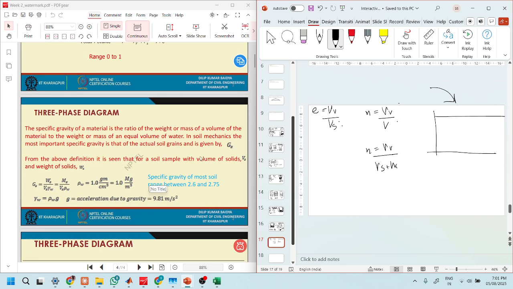So the phase diagram, the specific gravity we talked about, it is the ratio of the weight or mass in our three-phase diagram.